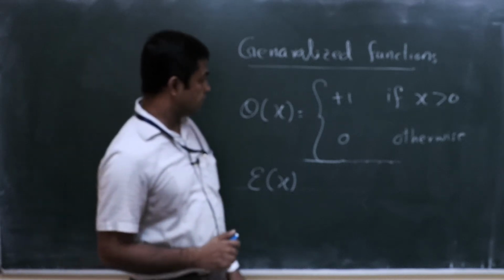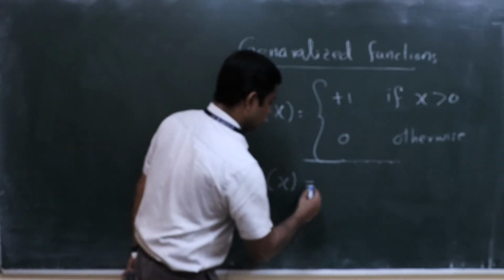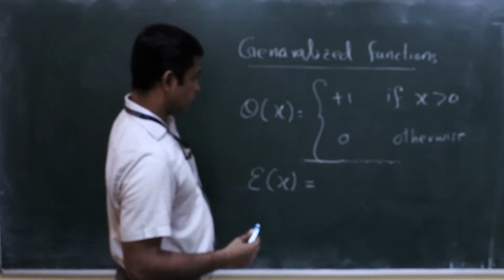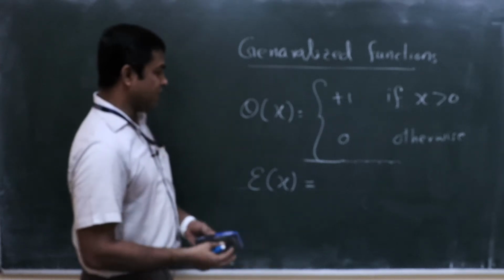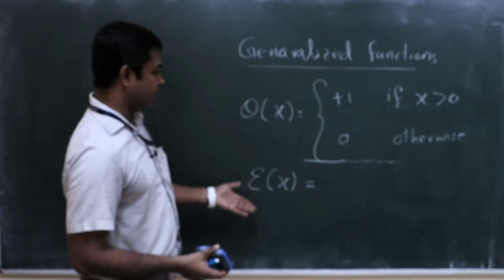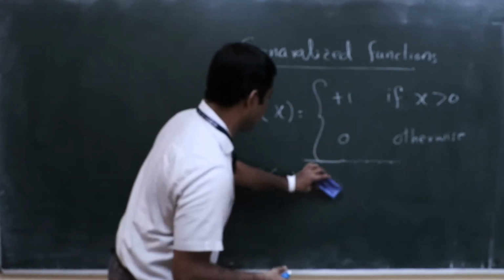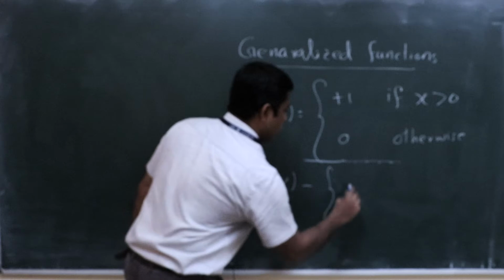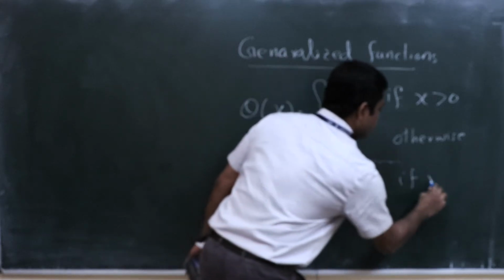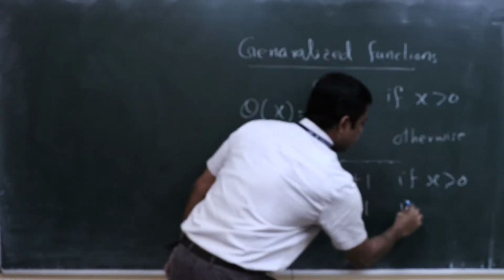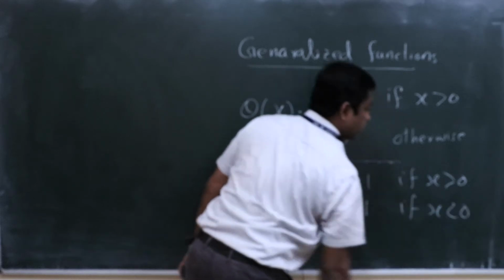Sir, epsilon of x equal to theta of x if x greater than 0, otherwise. No, I am saying write a relation between epsilon of x and theta of x. So what is the definition of epsilon of x? Plus 1 if x is greater than 0 and minus 1 if x is less than 0, right?